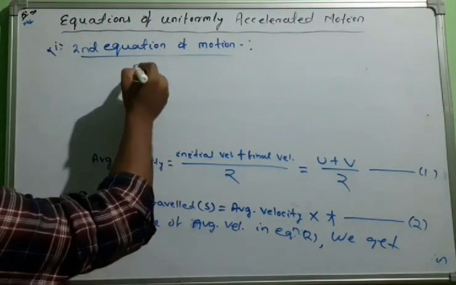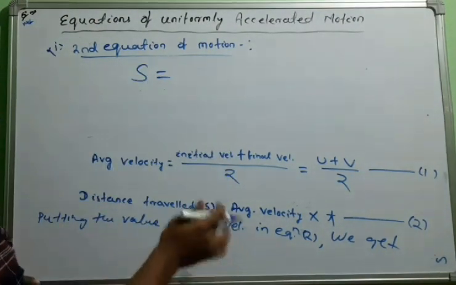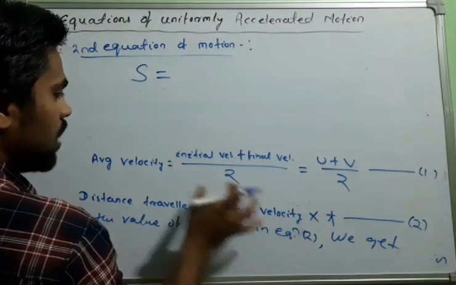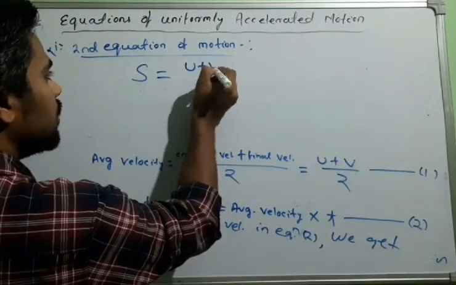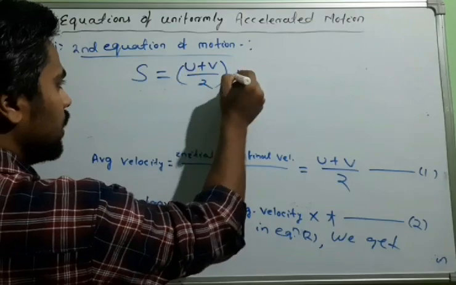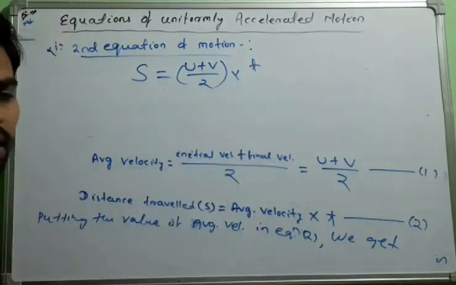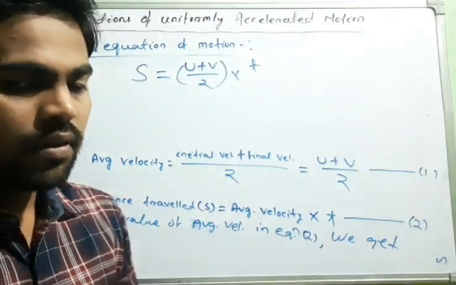S is equal to, equation 2, S is equal to average velocity, how much? u plus v divided by 2 into T. Clear or not, students?